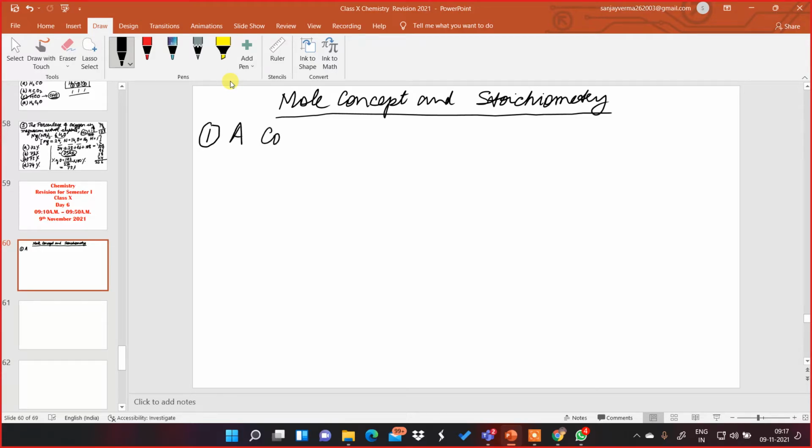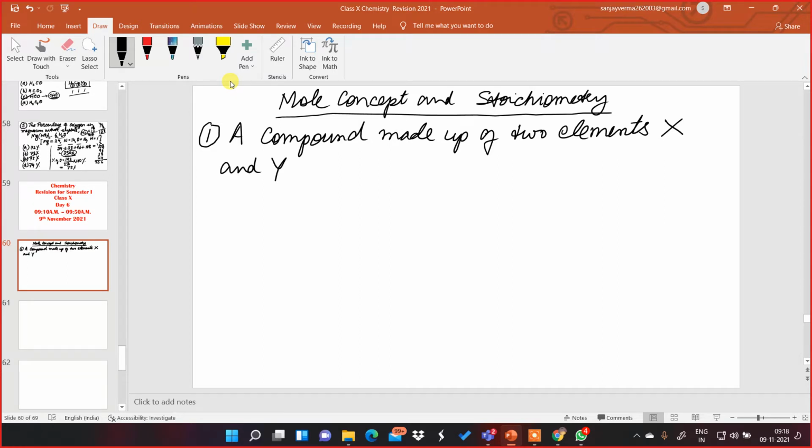A compound made up of two elements x and y has an empirical formula x2y.